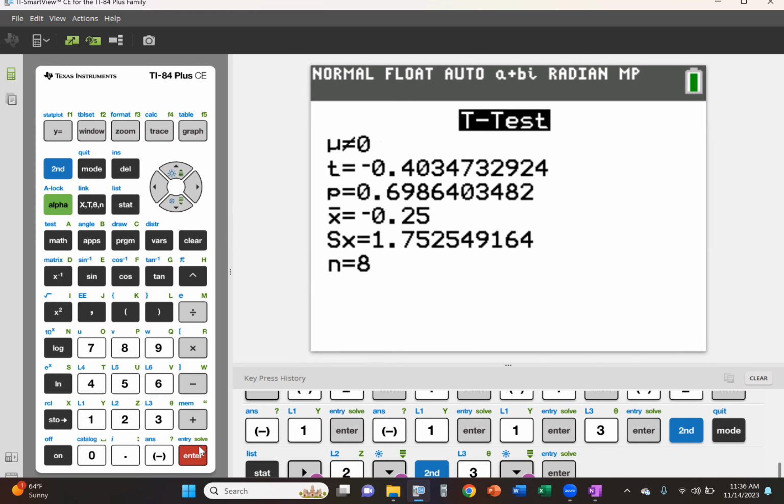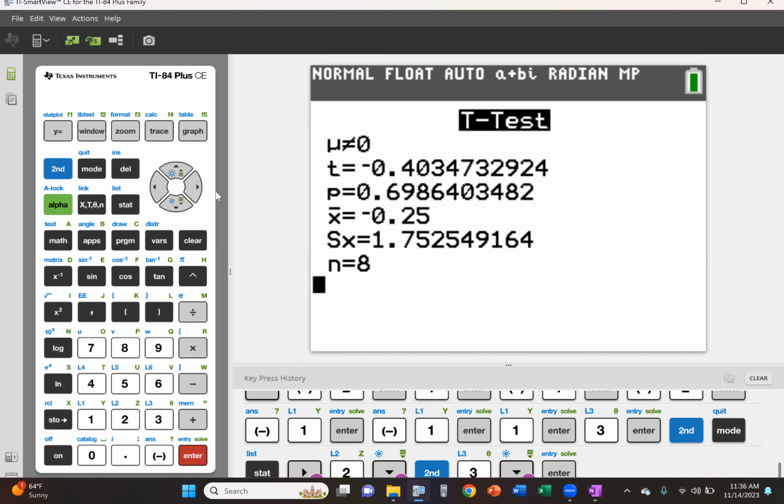All right, so my t statistic is negative. Well, that's not correct. I have made a mistake somewhere. Let me check my differences again. -2, 1, -1, -2, -1, -1, 1, and -3.